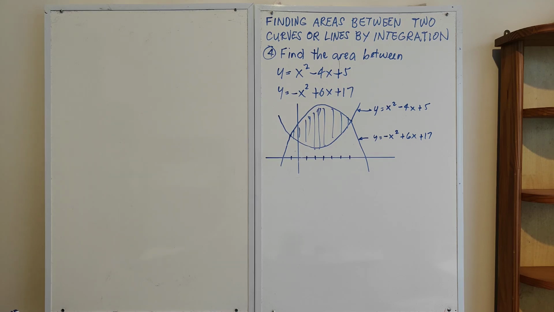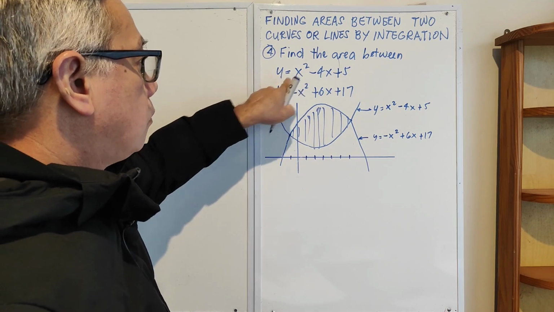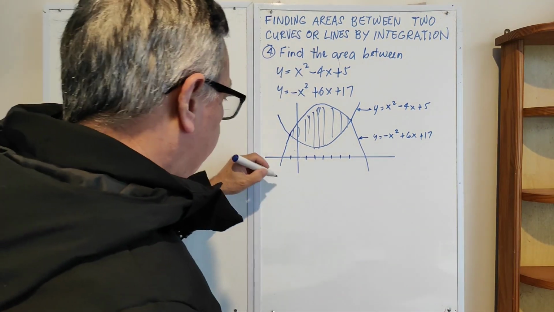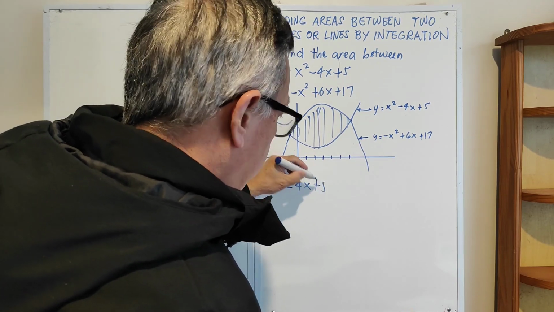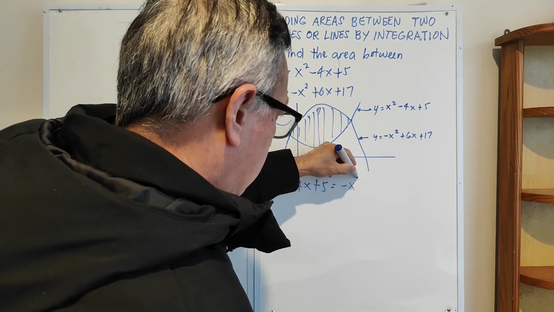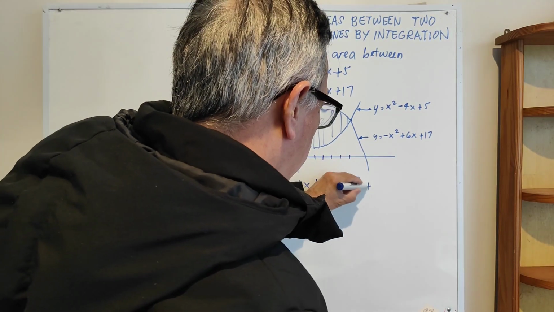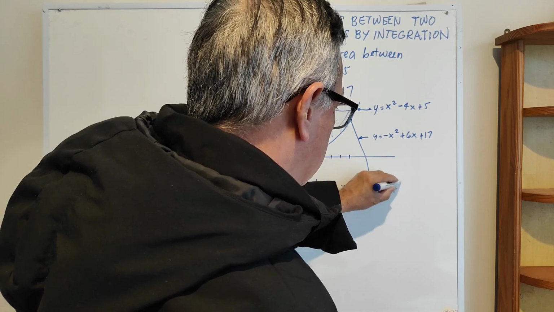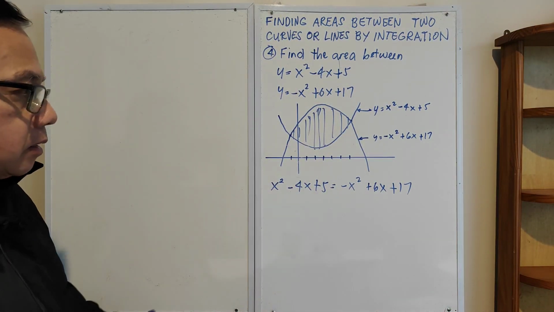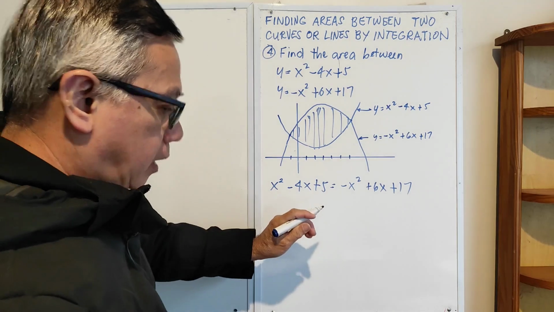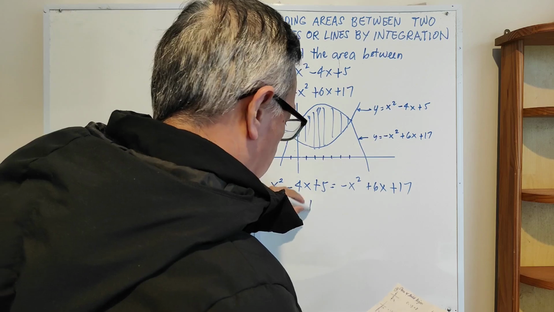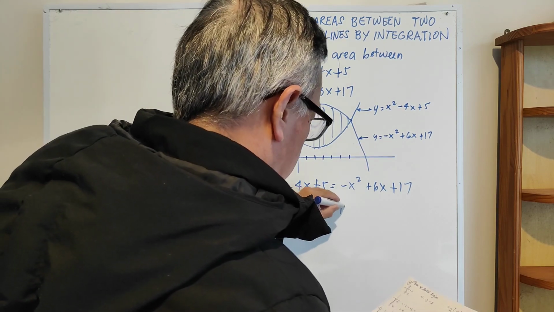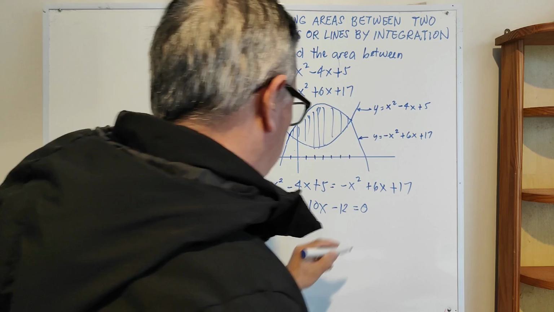So we equate this y with this y: x squared minus 4x plus 5 is equal to negative x squared plus 6x plus 17. Bringing everything to the left, we have 2x squared minus 10x minus 12 is equal to 0.